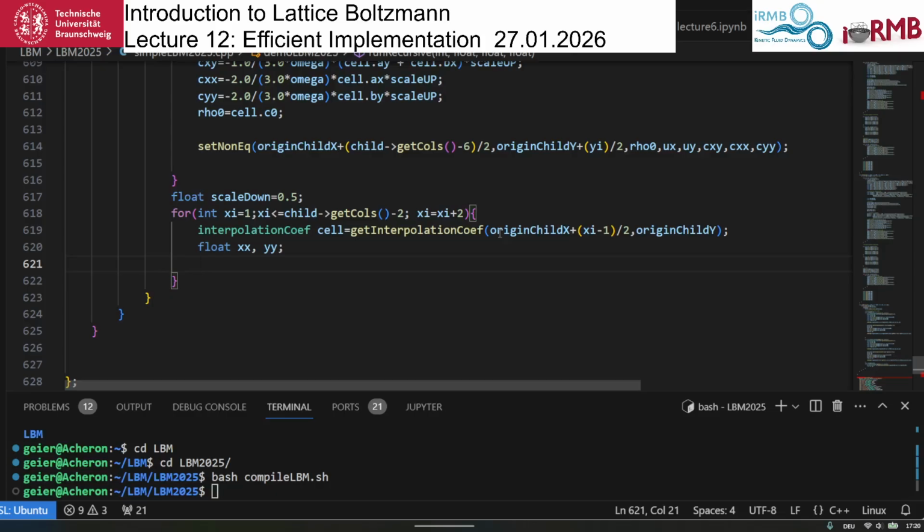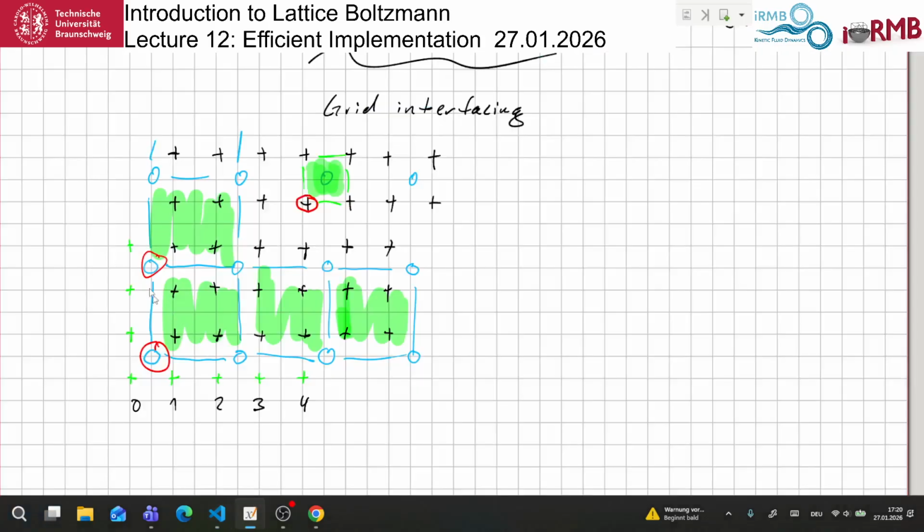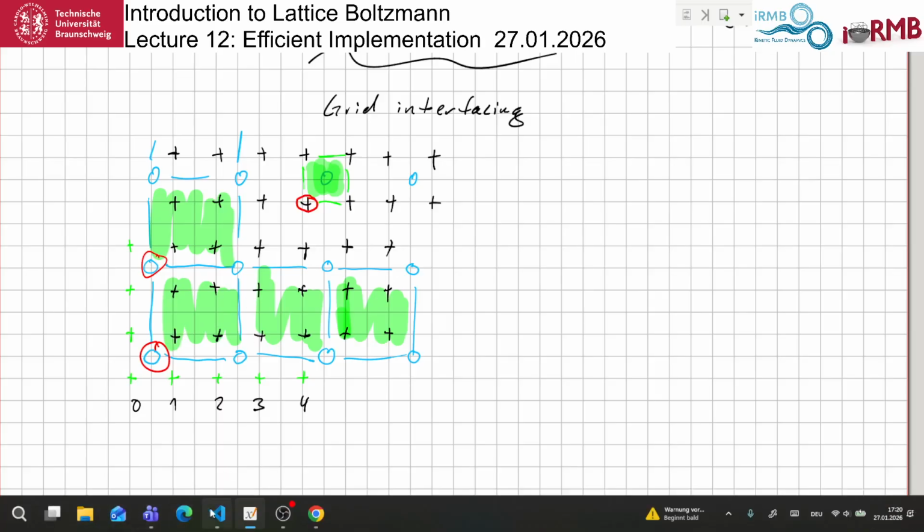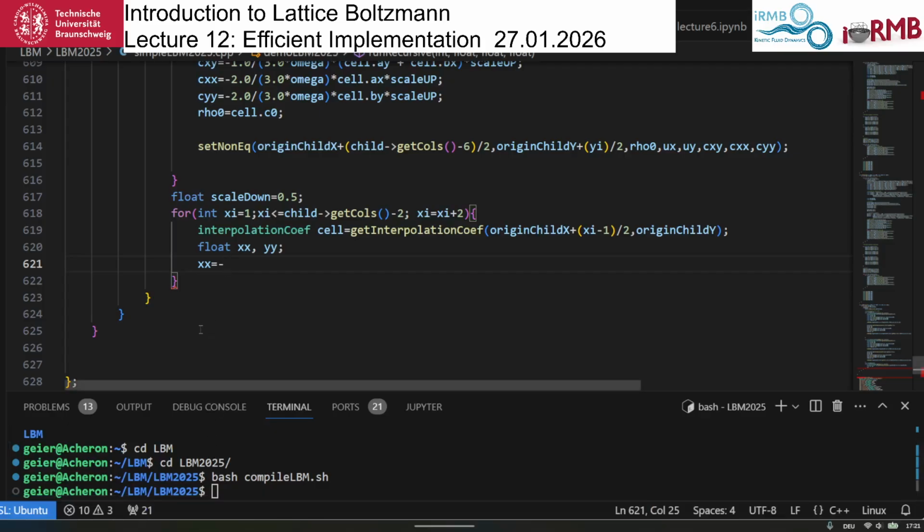So I put my local coordinates here every time, and I start with this corner here. What is the coordinate of this? This is 1/4 in each, the coordinate system is in the middle. So this here is 1/2, minus 1/2, so this point here is at minus 1/4. So I'll have to put for this point here minus 0.25 and yy equals minus 0.25.